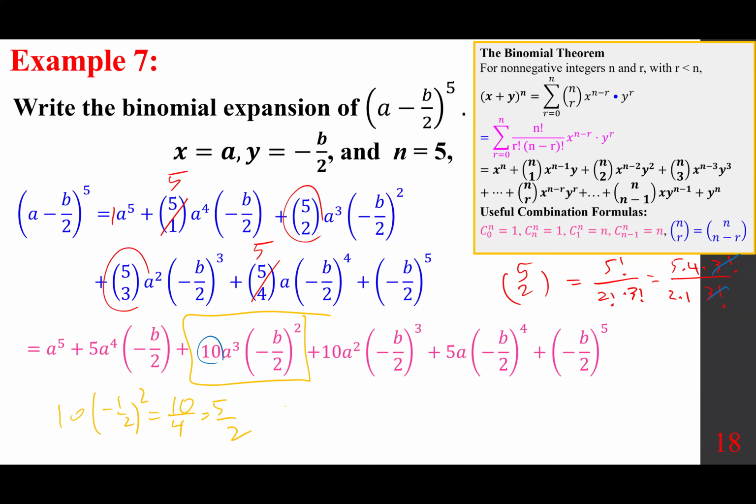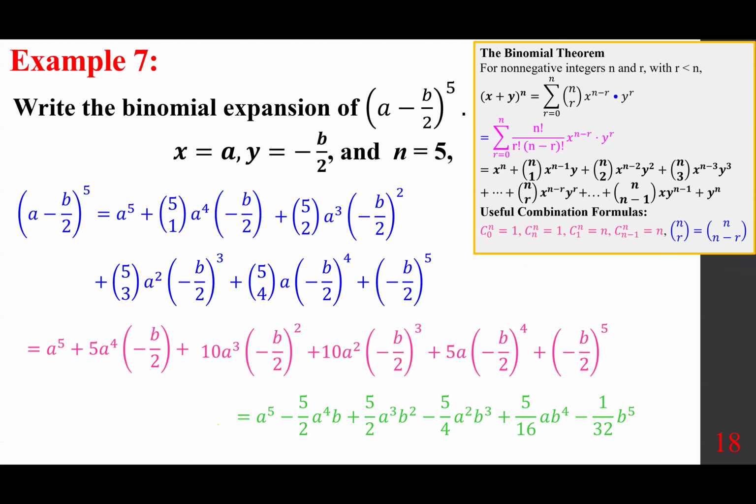And you can figure out the rest. Let me erase my work again so you see how we arrive at those answers accordingly. Obviously, this one, negative to the power of odd, remains negative. Negative 1/2 to the power of 5 is negative 1 over 32.